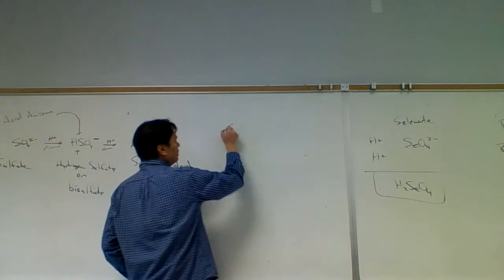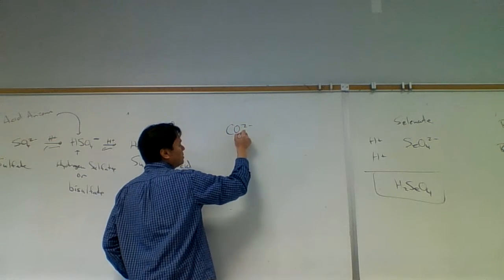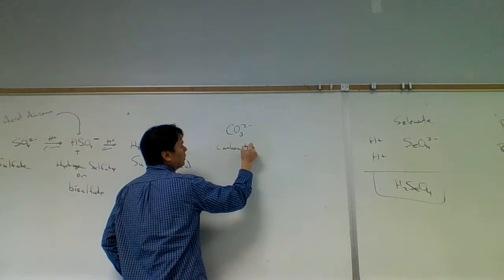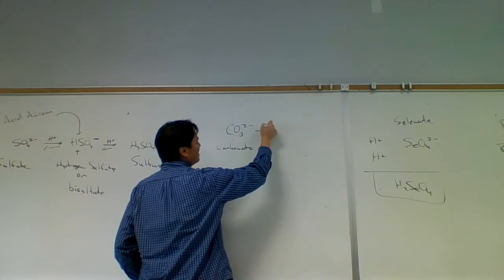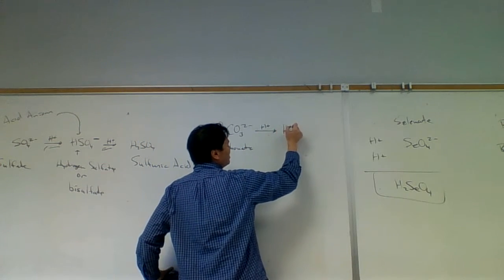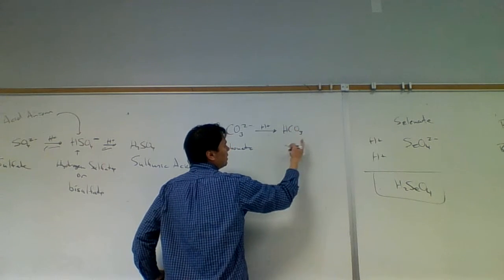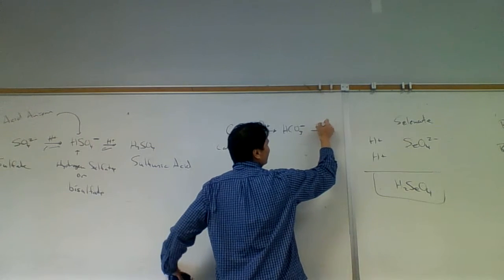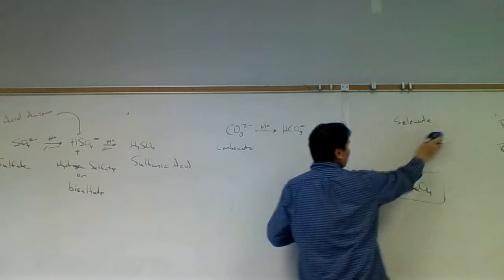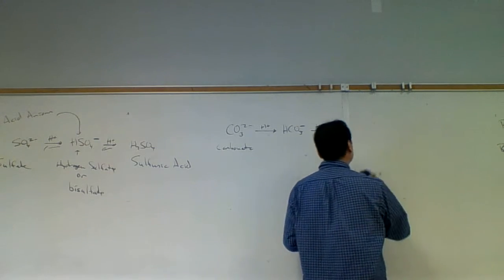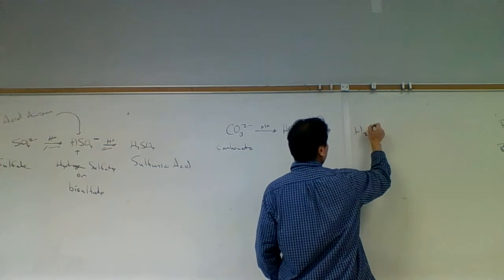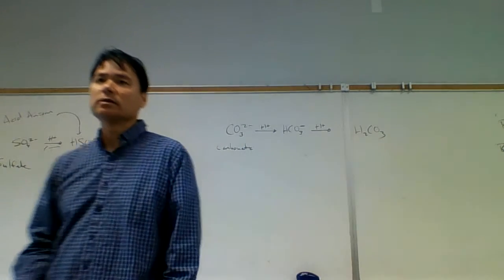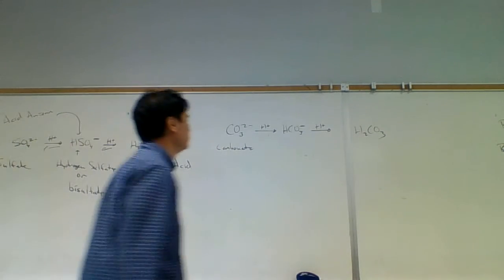Let's look at this one. You recognize this one? CO3 2 minus is called carbonate. If we add an H plus to this, we'll form HCO3, which would be -1. If we add another H plus to this, then we get H2CO3, the acid. What's the name of that acid?